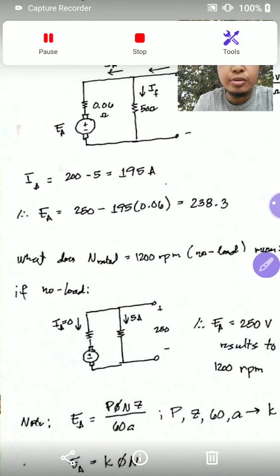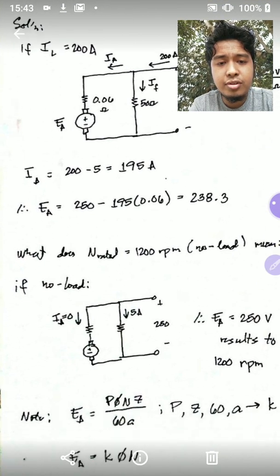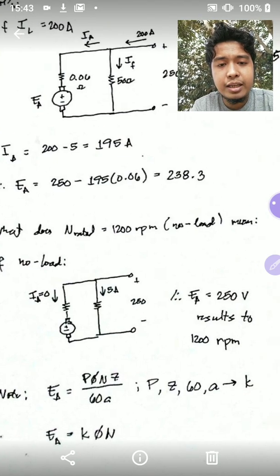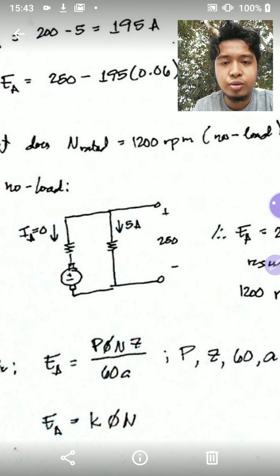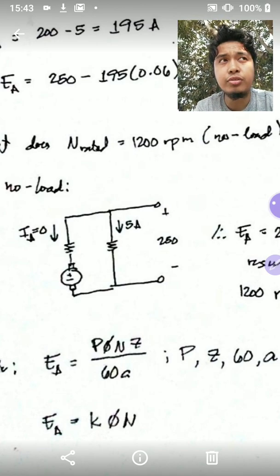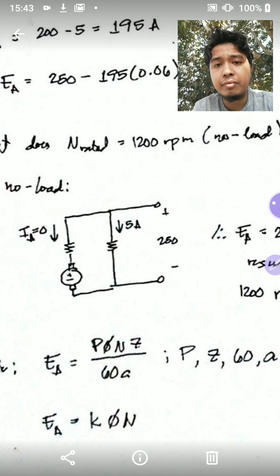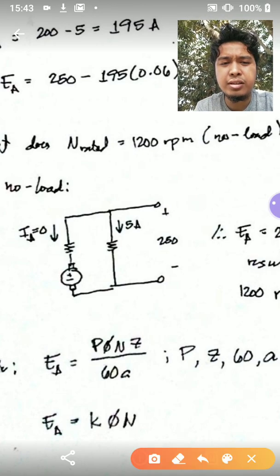What does 1200 RPM no load mean? It tells you that if we are running at no load, then the output power is 0.